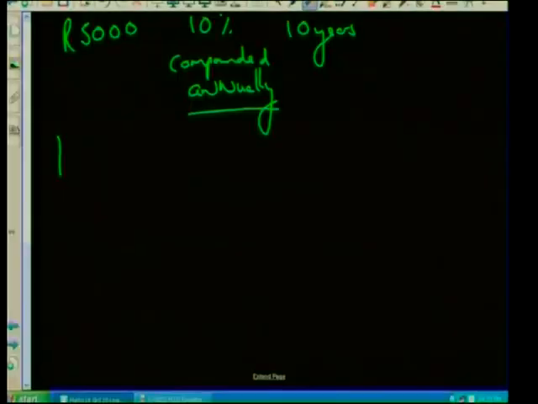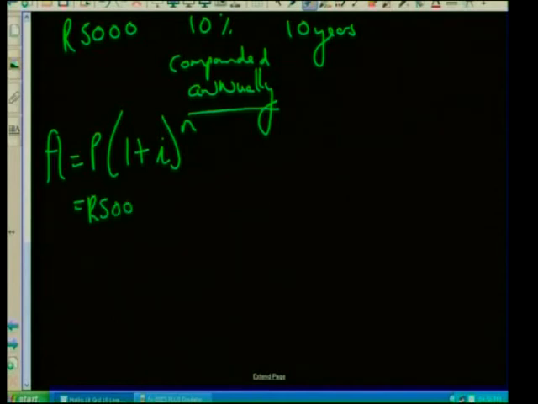So my formula is A is equal to P 1 plus I to the power of N. How much am I investing? I'm investing 5,000 Rand. Okay, so we're going to say 5,000 Rand. 1 plus. What's my interest rate? It's 10%, 0,1. Whoops. 0,1 to the power of 10.